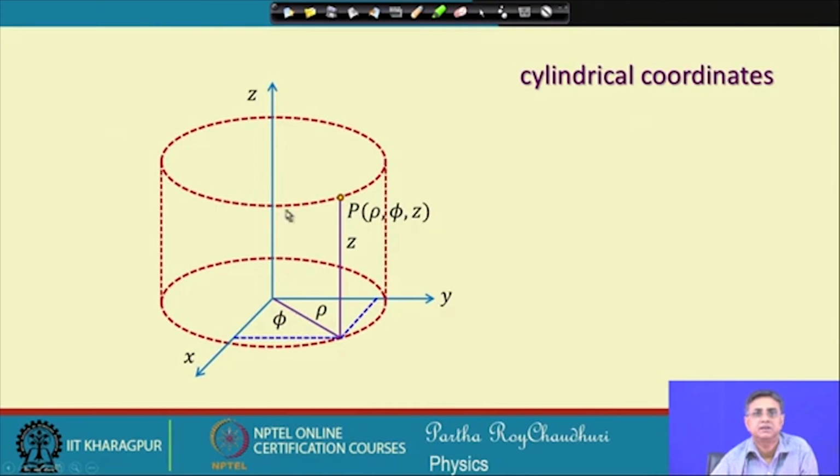So, look at these cylindrical coordinates. If I have my source sitting here, then on the surface of the cylinder, the phases will be constant. The representation is, this is the azimuth phi, this distance is rho, and the height is z, which is the usual notation for the cylindrical coordinate system.